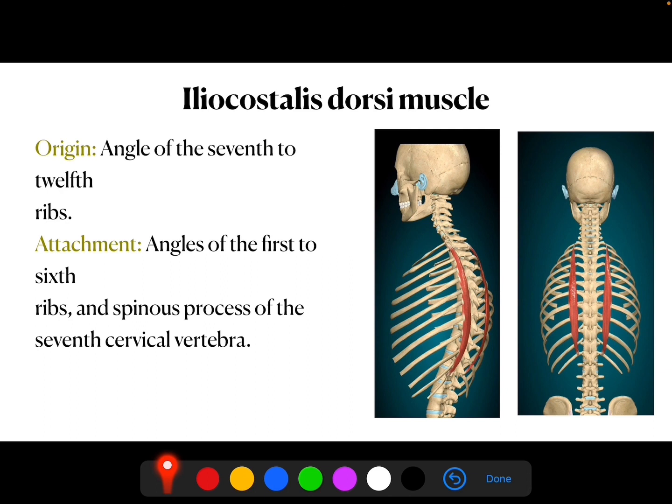Iliocostalis dorsi muscle, also known as iliocostalis thoracis muscle. It originates at the angle of the 7th to 12th ribs and attaches at the angles of the 1st to 6th ribs and spinous processes of the 7th cervical vertebrae.